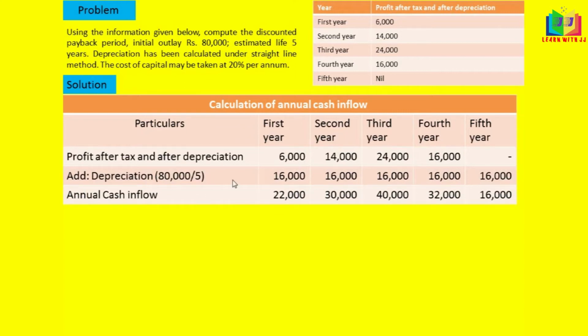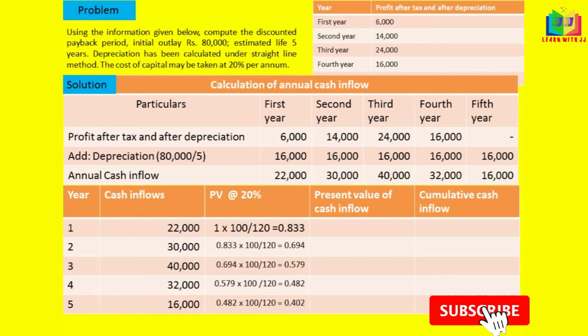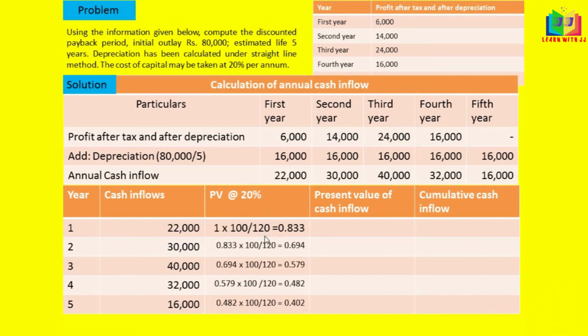Using these cash inflows, we have to find the present value of cash inflows. I have written the cash inflows here, and it is given that 20% is the discounting factor, but the table value is not given. I hope you all know how to calculate this table value. I'll tell you once. 1 into 100 divided by 120, since it is 20%, we put 120.